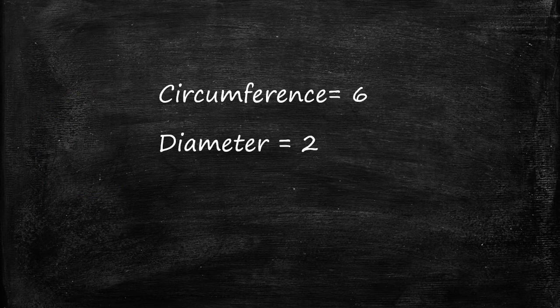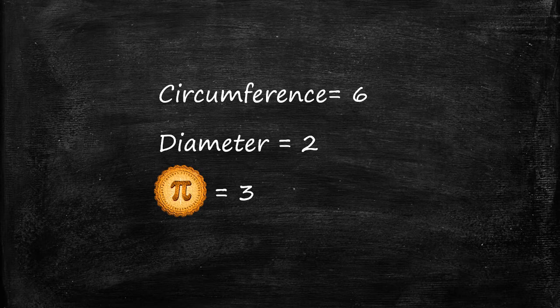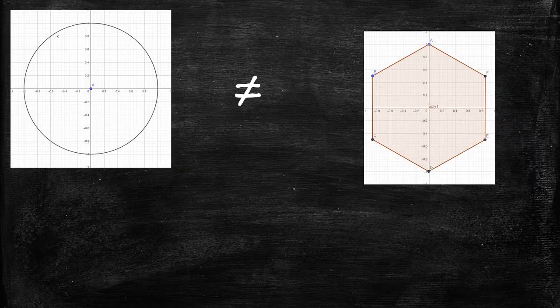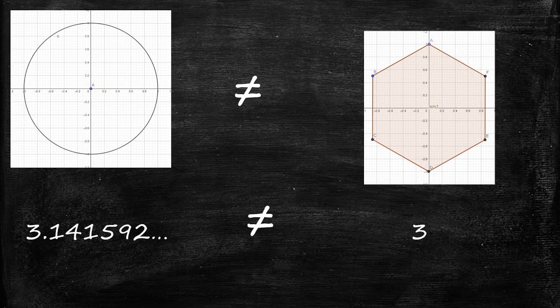Circumference equals 6, diameter equals 2, and pi equals 3. That might seem nothing like pi, but again, a hexagon is nothing like a circle, and pi is nothing like 3. The more sides you have, though, the closer it becomes to pi.